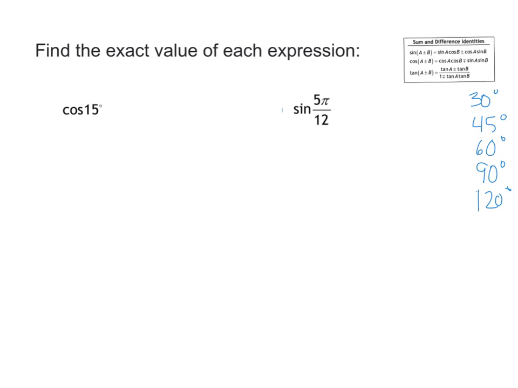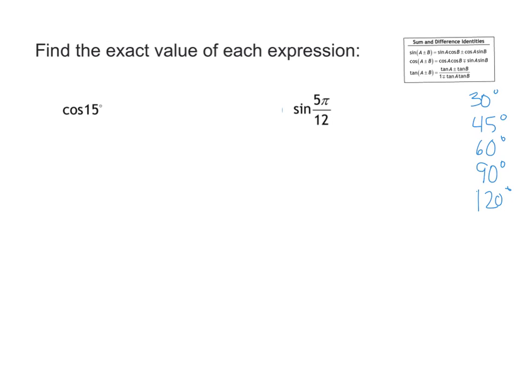What would 15 be as a sum or difference of those angles? So which two of those could you add or subtract to get 15? 60 minus 45? Yes? 45 minus 30? Both of those would work, wouldn't they? There could be other ones too. Like you could do 135 minus 120 or something.